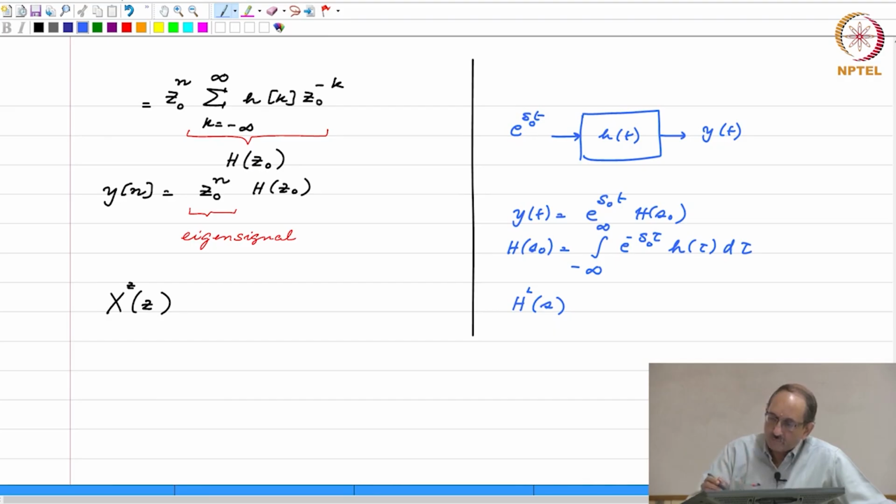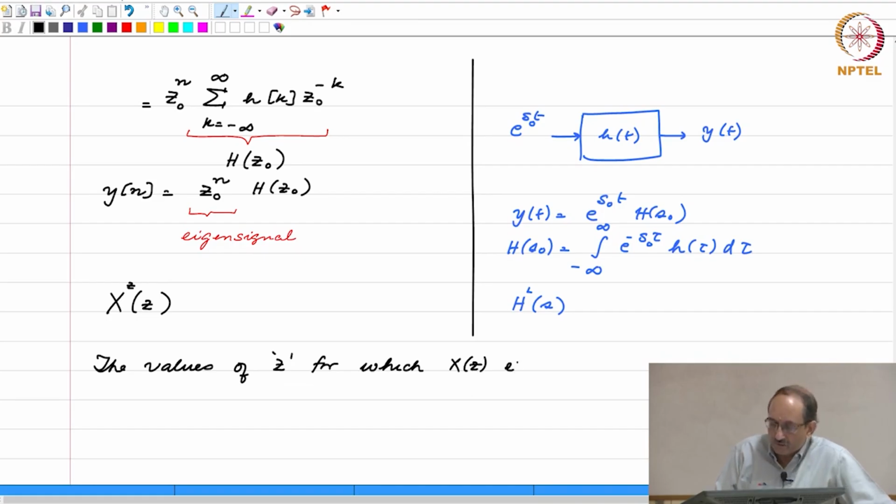And moment you have an infinite summation, you need to worry about the existence of this, all right. So, the values of z for which the z transform x of z exists is called as the what you are already familiar with.